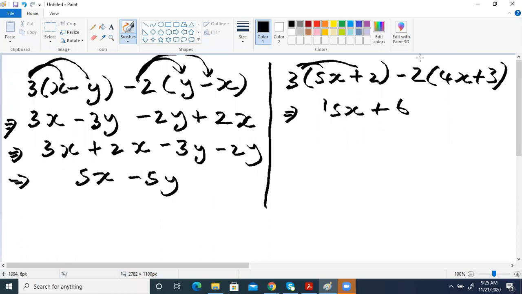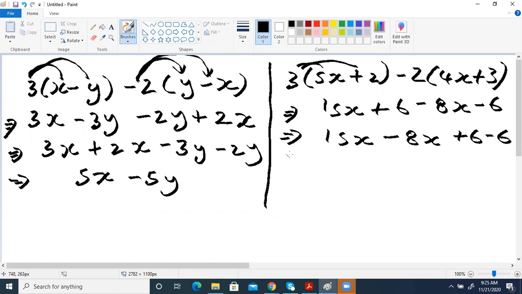Then minus 2, again, minus 8x minus 6. As before, you group them up, and then you have plus 6 minus 6. So I believe I get 7x, and of course over here is 0, so you don't write anything else. You just get 7x. Hope that's clear.